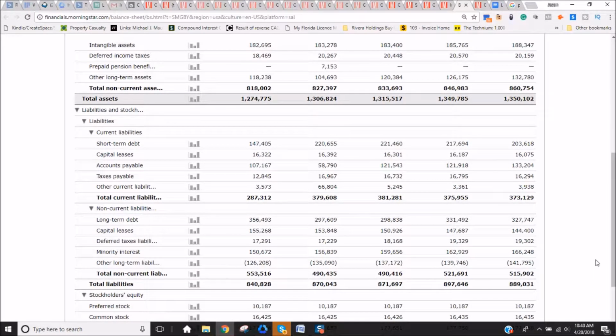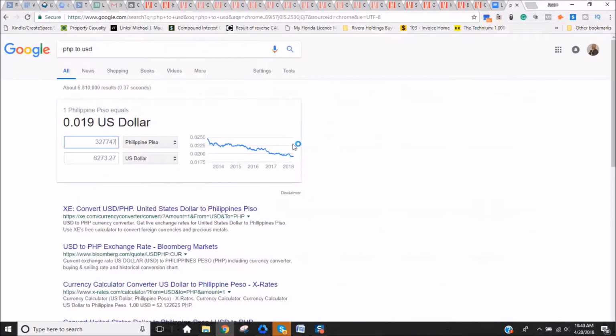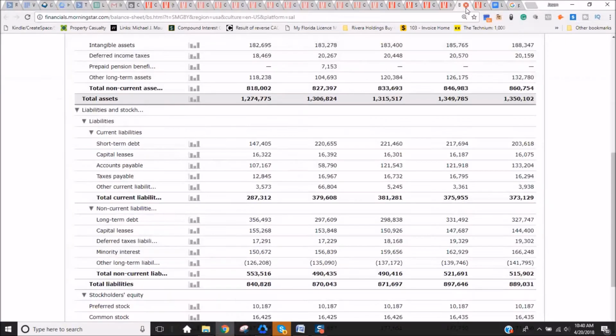So 1,662, and they do have preferred stock. So 1,897, plus 195. And again, I'm going to double check.